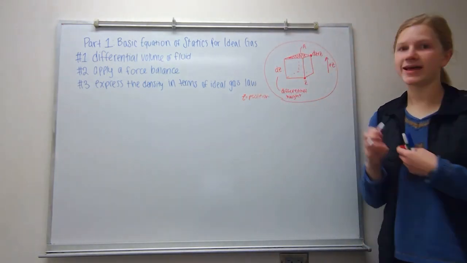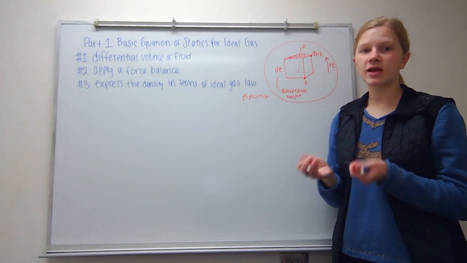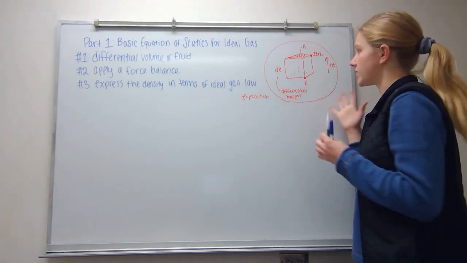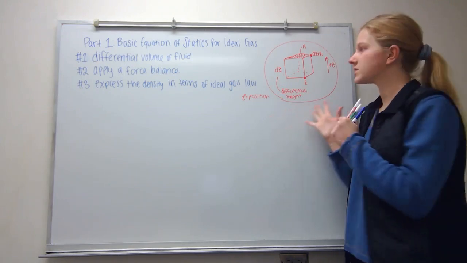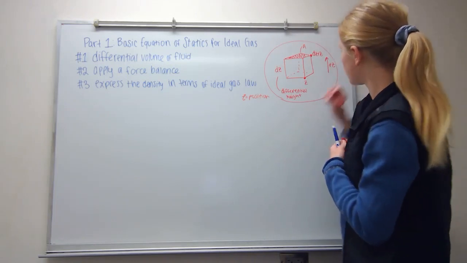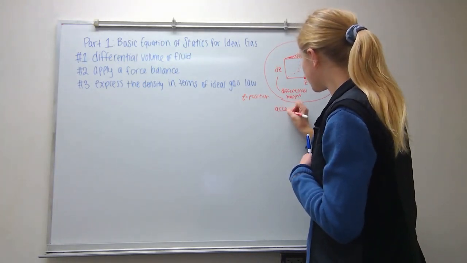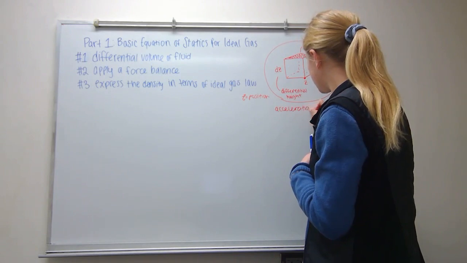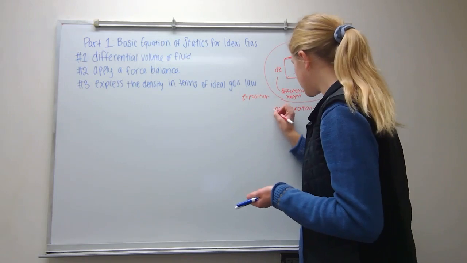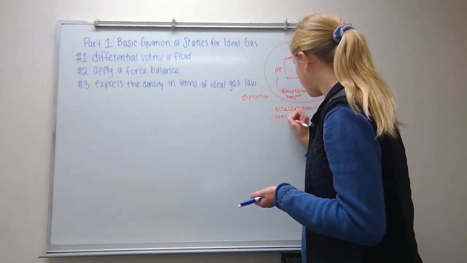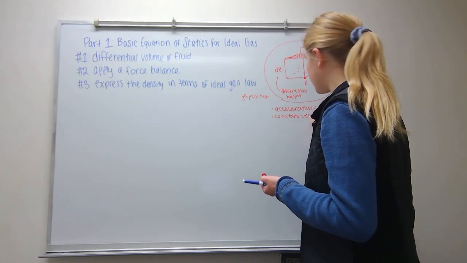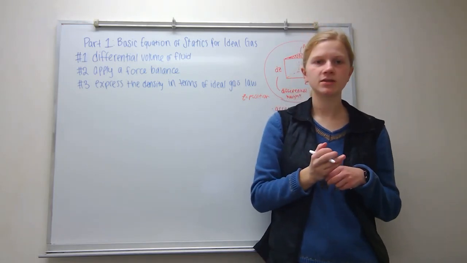Okay? And so now what we want to do is we want to establish an acceleration or a velocity for this system, because we have this fluid, and so we know our acceleration is going to be 0. So when we have 0 acceleration, it means constant velocity. And that'll become important later when we do the energy balance equation.